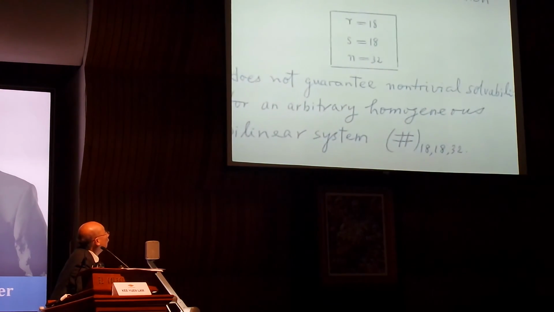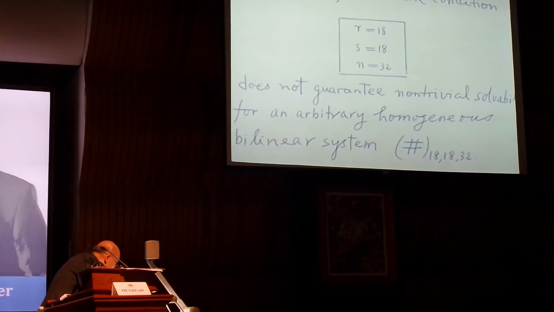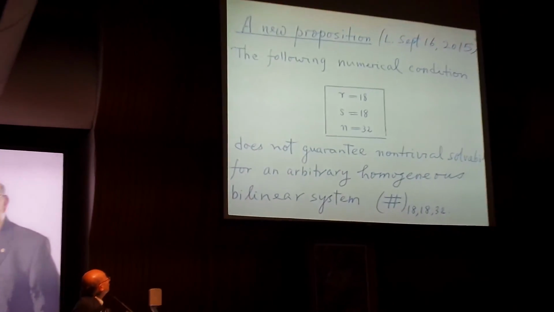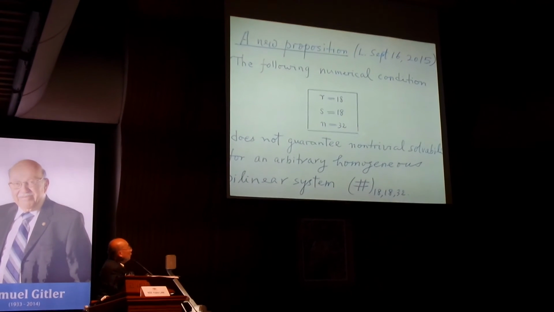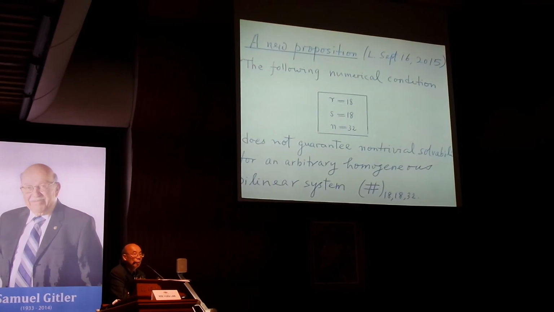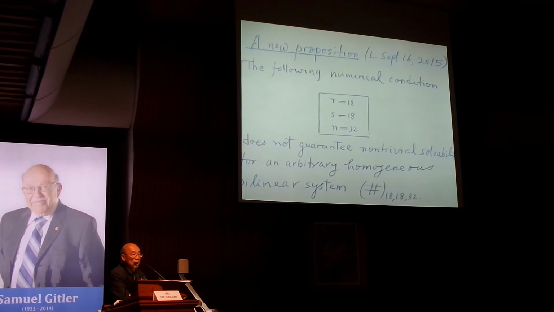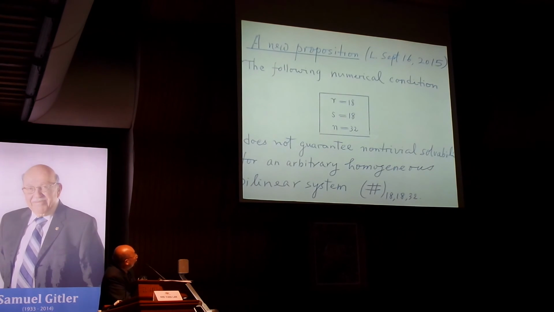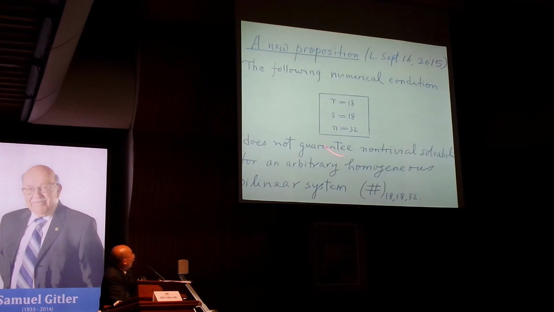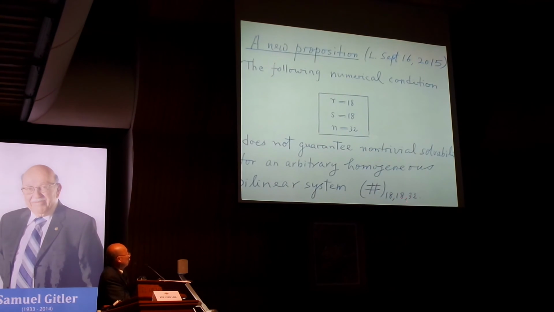Then what I am saying is this condition, one less strengthened than Sam's, will not guarantee non-trivial solutions to an arbitrary homogeneous system with 18 x variables, 18 y variables, and totally 32 equations.